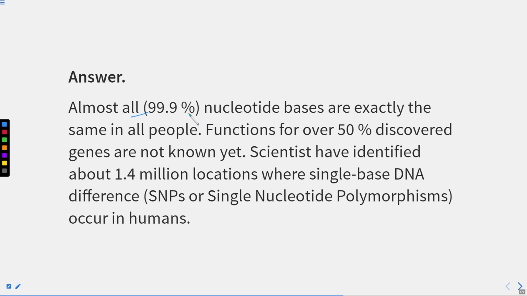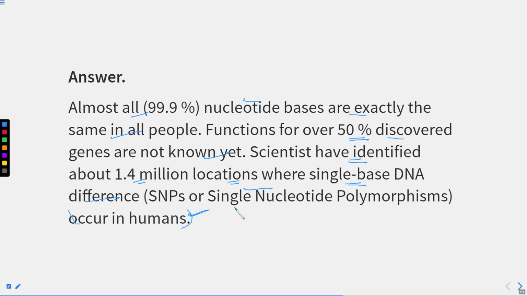Now, some other facts about the human genome. Almost 99.9% of nucleotide bases are exactly the same in all people. And the functions of over 50% of discovered genes are not yet known. This I've already told you. Now, scientists have identified about 1.4 million locations where single base pair DNA differences, or single nucleotide polymorphisms, occur in humans. All this information is very essential.